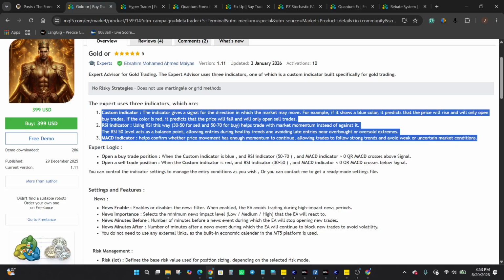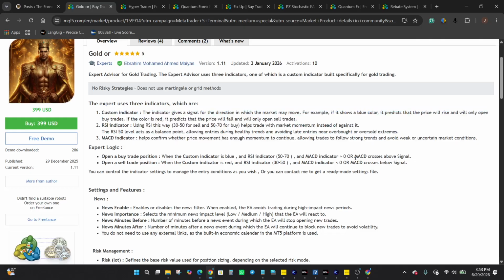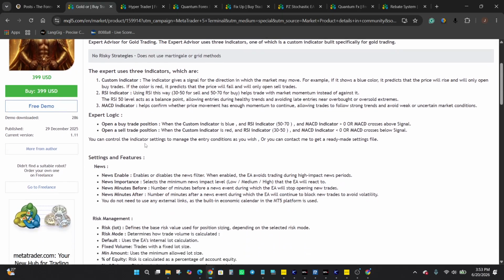One of these is the custom indicator developed specifically for gold trading, alongside the standard RSI and the MACD indicators. Now, an important point highlighted on the page is that the EA does not use martingale or grid strategies. We can see that mentioned here, which is something many traders like to verify when evaluating automated systems.